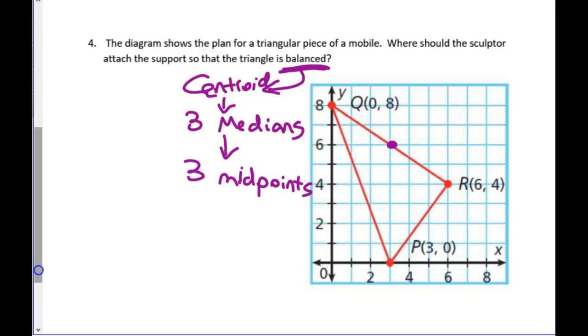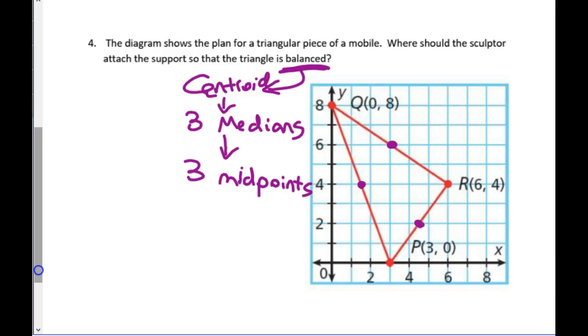So again, find the midpoint of each segment. From Q to P, how many units left and right is this? 3. Half of 3 is 1 1/2. And go straight up, put a point. And the same thing for PR. How many units left and right? Half of 3 is 1 1/2. Go straight up, put a point.